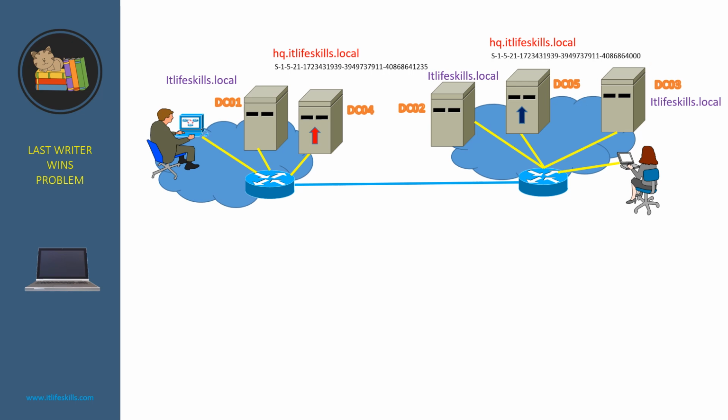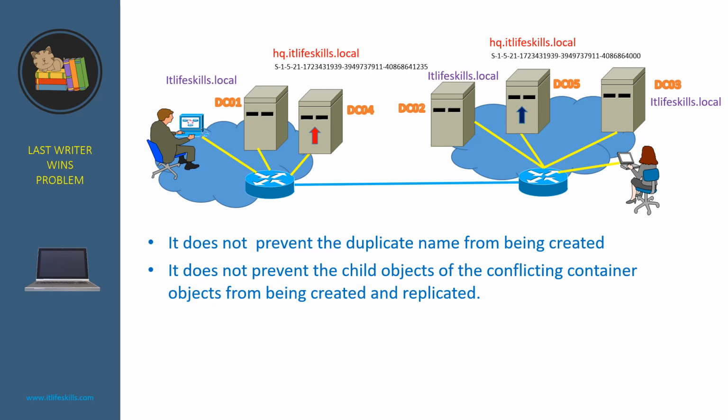As you can see, now we have two domains with the same names but different security IDs, and many child objects of these domains can be created with different names and different security IDs before the conflict is detected. Therefore, the last writer wins is not feasible in this case because it does not prevent the duplicate name from being created, and it does not prevent the child objects of the conflicting container objects from being created and replicated.